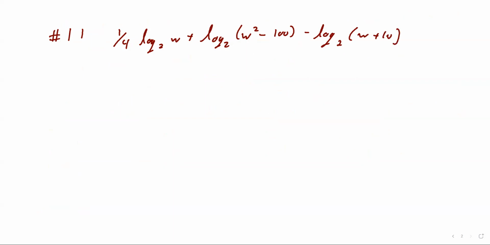One-fourth log base 2 of W plus log base 2 of W squared minus 100 minus log base 2 of W plus 10. So take a whack at it, see what you can come up with.